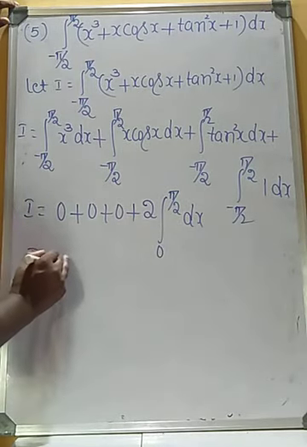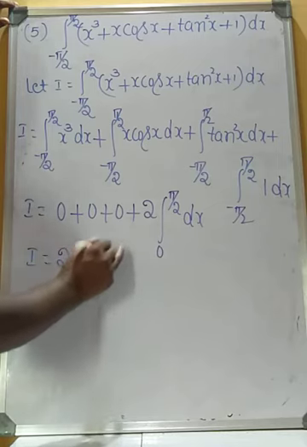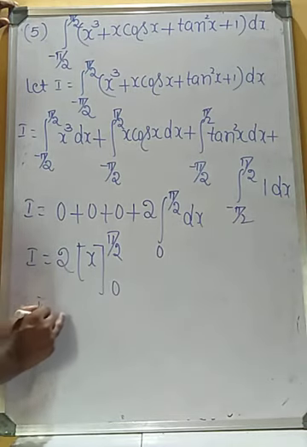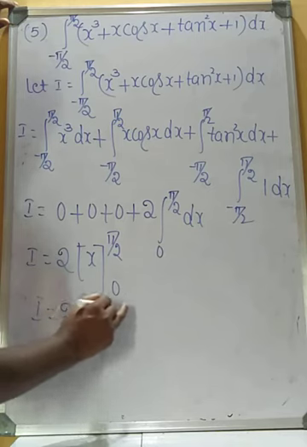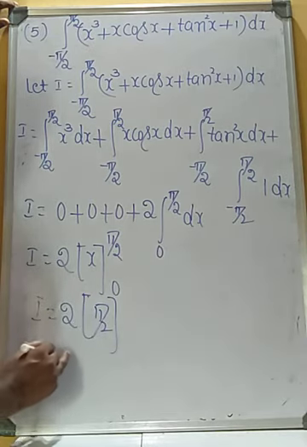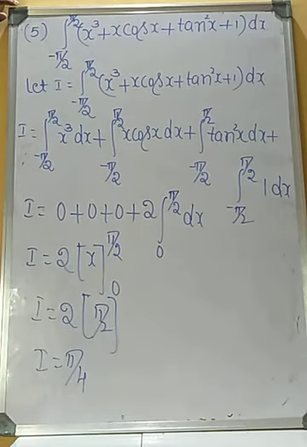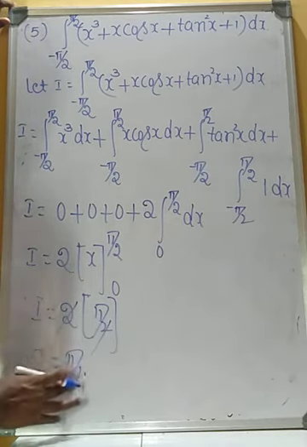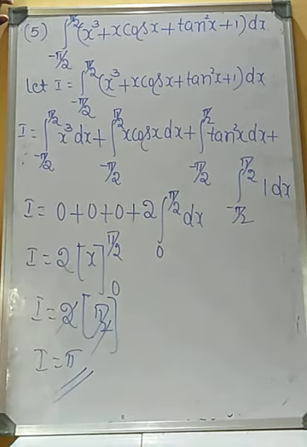Therefore I equals 2 into x, from 0 to pi by 2. Therefore I is equal to 2 into pi by 2. Sorry, the 2 gets cancelled, so it becomes only pi. I is equal to pi.